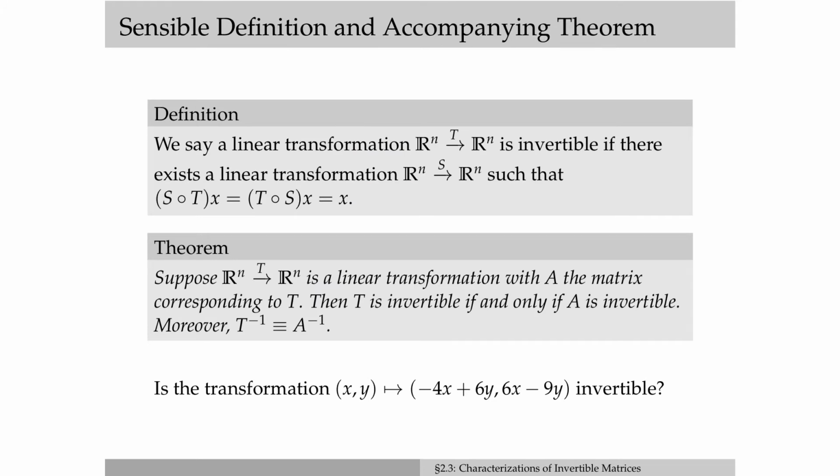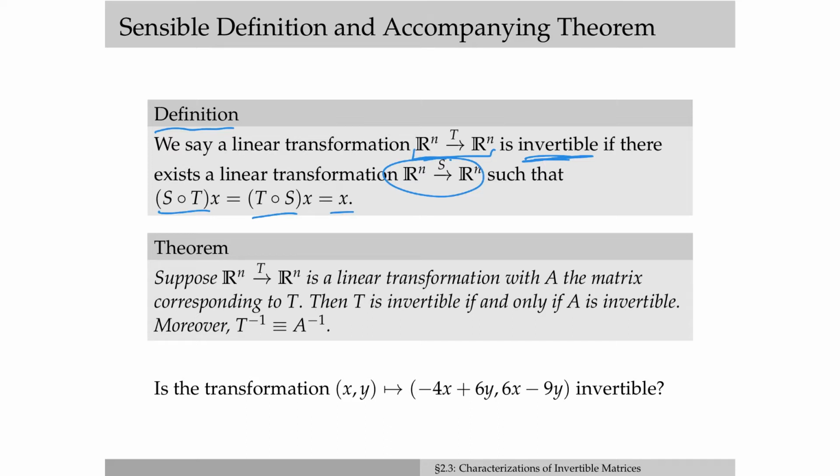All right. Now, definition. So we're going to say a linear transformation, notice we're going from Rn to Rn here, is invertible, non-singular, however you want to phrase it, if there's another transformation on the same dimensionalities such that both compositions give me the identity.